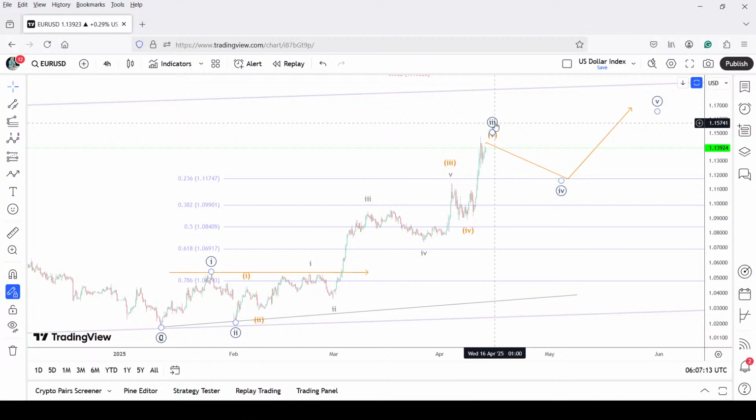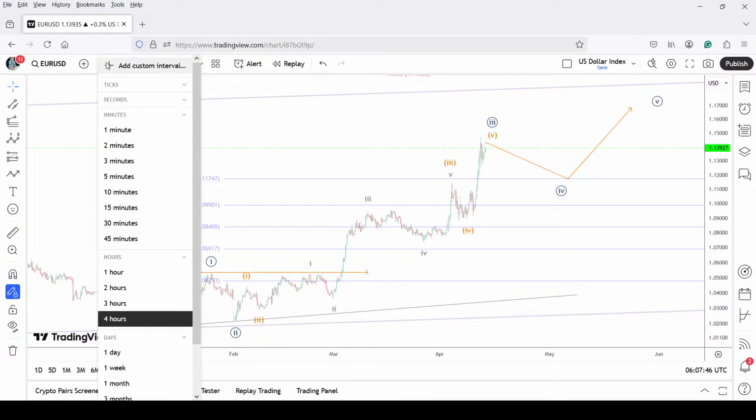And minute wave 3, if not the same in the dollar index, but at least in the EUR/USD, was almost hitting the 0.618 Fibonacci extension. So minute wave 3 is potentially complete, and now we are looking for a minute wave 4 corrective drop towards 1.1170 before it continues to rally again.